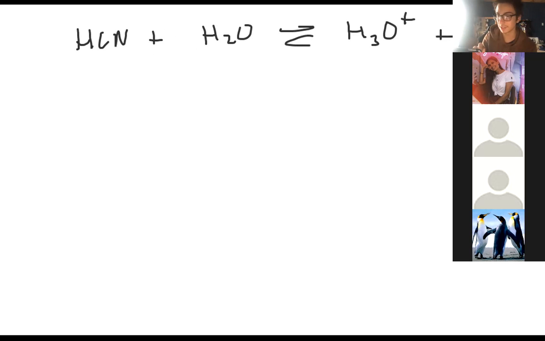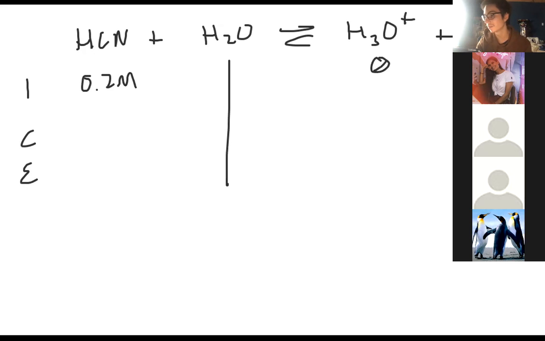So we could do our little ice table. And we have initial concentrations of 0.2 molar here. Water we know is a liquid, so we don't talk about water. H3O plus, 0. This one's 0 as well. So we know HCN is a weak acid, so we're going to lose X amount of HCN.